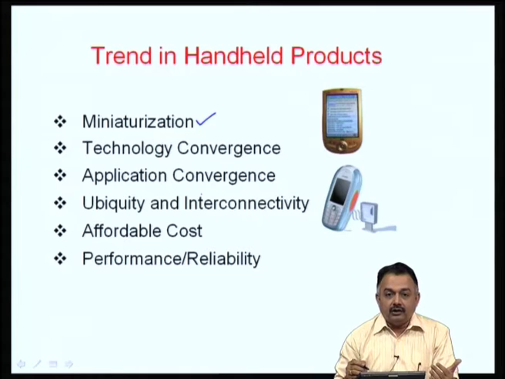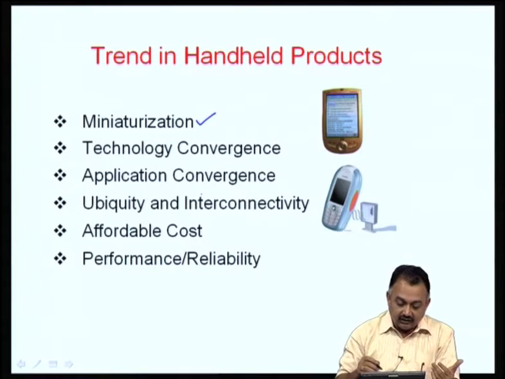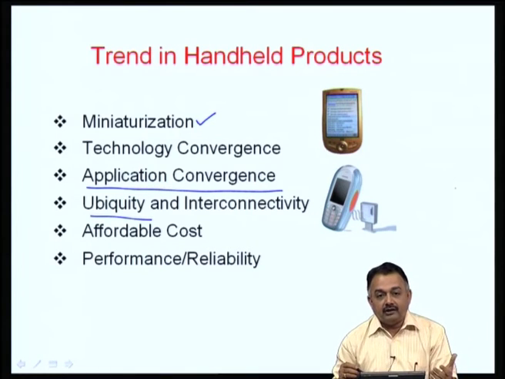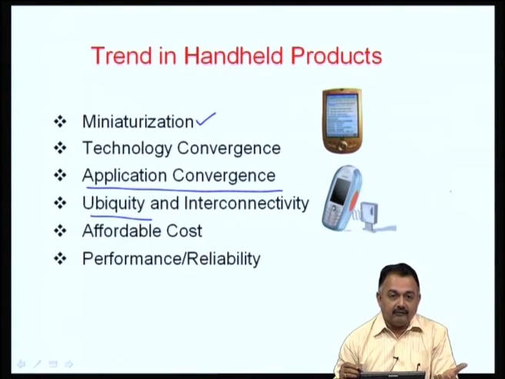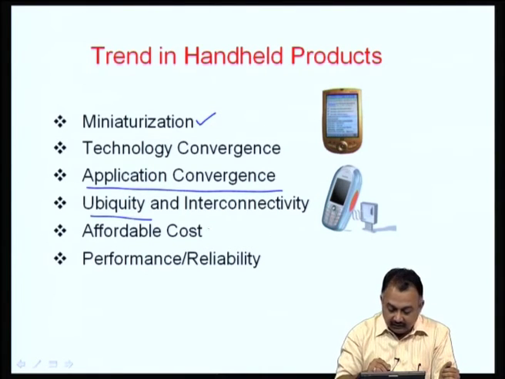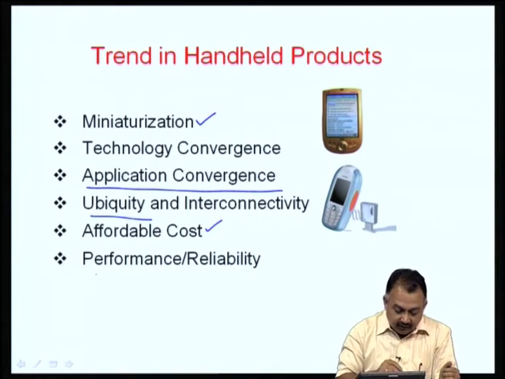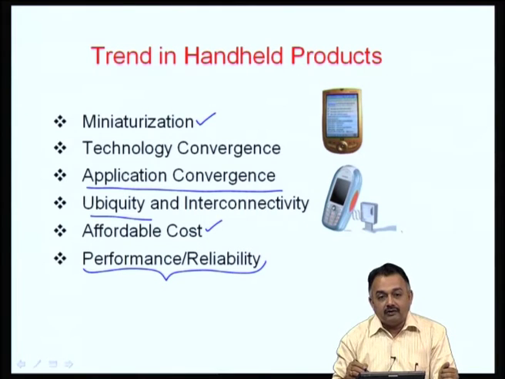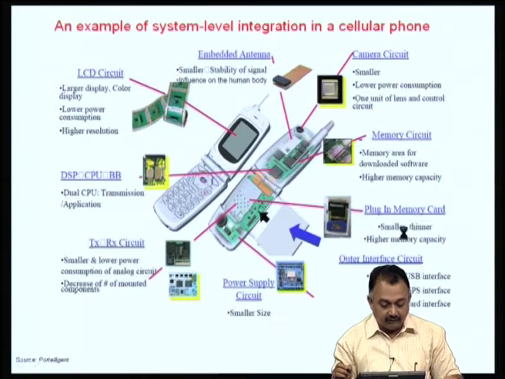So, there should be convergence of technologies incorporated into your design. Ubiquity, that means a particular application that is used here should be applicable elsewhere when you are traveling. Okay? So, that is ubiquity and interconnectivity globally. Affordable cost, as I have repeated a number of times now, this is very important, but not at the loss of performance or reliability.